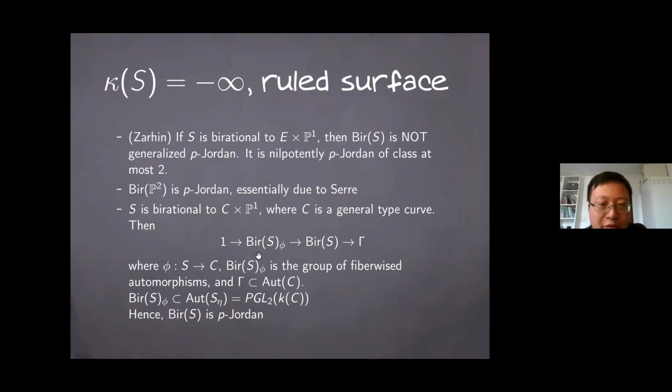By the lemma before, we already proved this one is pseudo-Jordan, and this one is finite, so in particular it has the bounded finite subgroup property. So we get that this one is pseudo-Jordan.